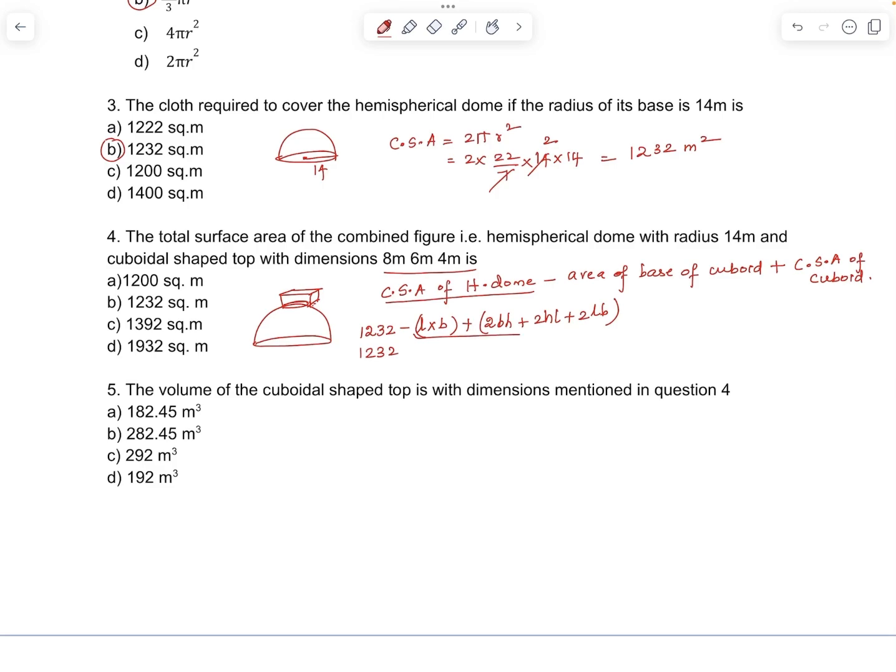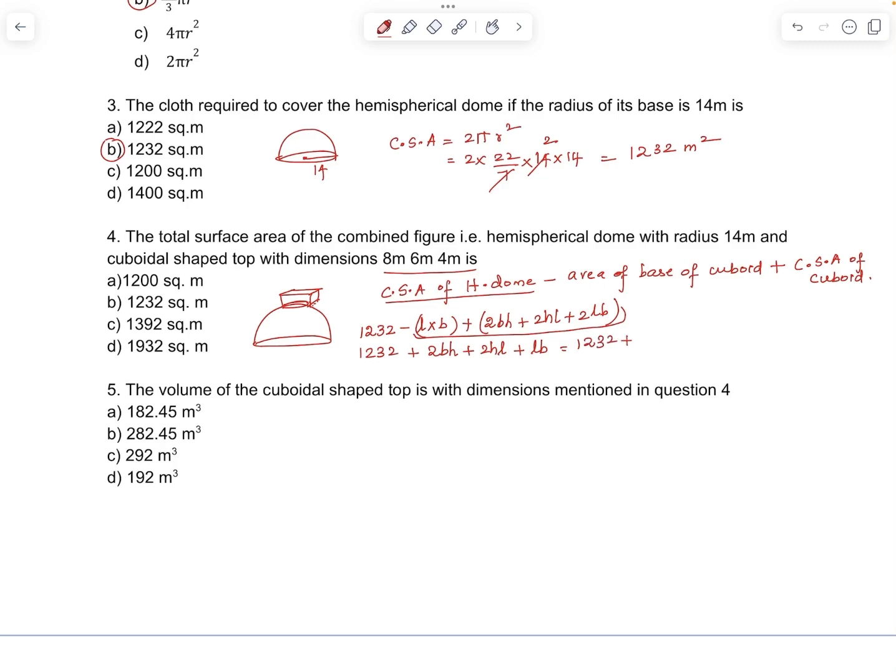On simplifying this portion, we get 2BH plus 2HL plus 1LB.